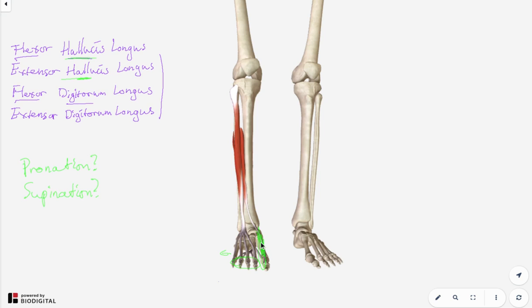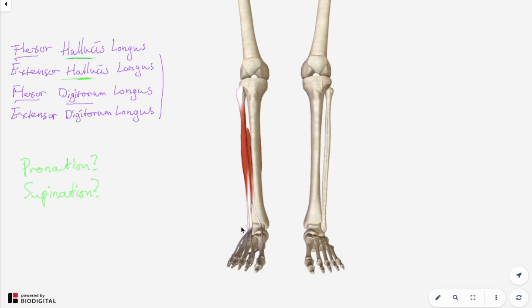So when they contract, any of the hallucis muscles are going to also supinate the foot. Those are also going to be involved in supination, which just makes sense. The one on the top of the foot would be the extensor hallucis longus. So this one up here is going to be pulling, and if you just look at where the muscle goes, then it makes sense that it's going to supinate the foot.